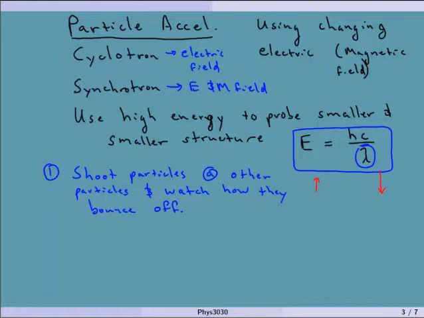This gives us some kind of scattering idea. So you have some particle, you have some other particle that goes off of it and gets shot off, and some of them scatter that way, some of them bounce back, and you put a detector around these guys, and the different angles that you can measure tell you about what's going on in this really, really small scale here. That's one way in which we do this.